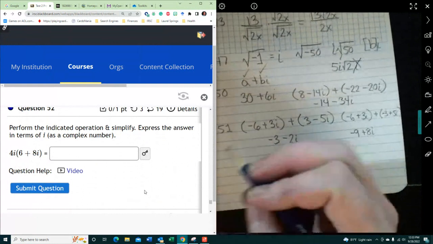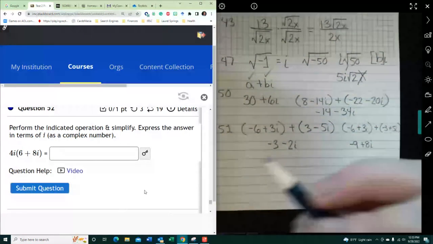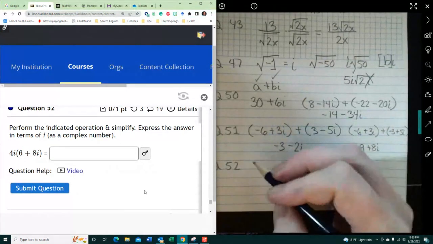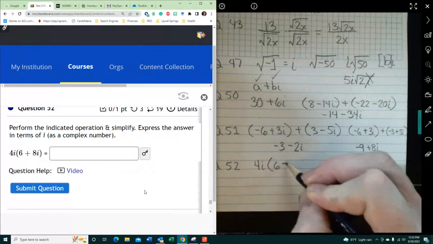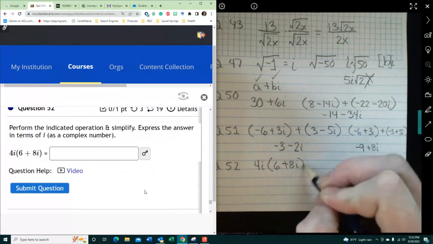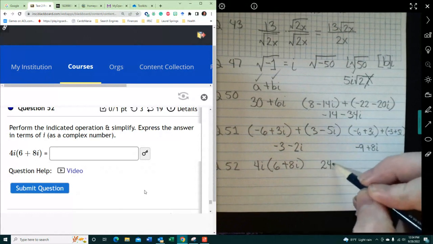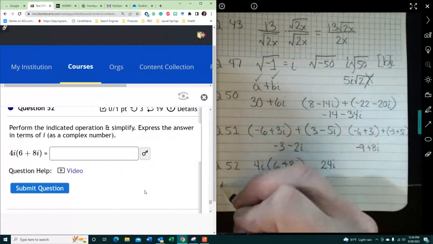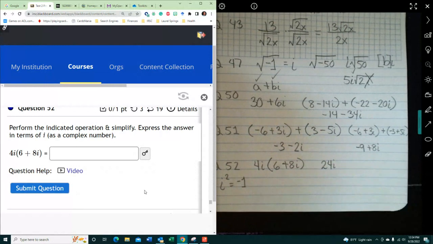Now for this one, question number 52. We're performing the multiplication of complex numbers. So when we multiply this times this, that gives us 24i. Now, whenever we multiply an i times an i, here's a note for that: i squared is equal to negative 1, by the way. i squared equals negative 1.